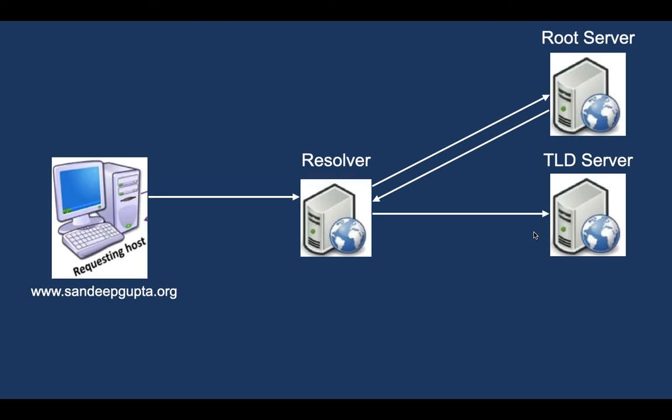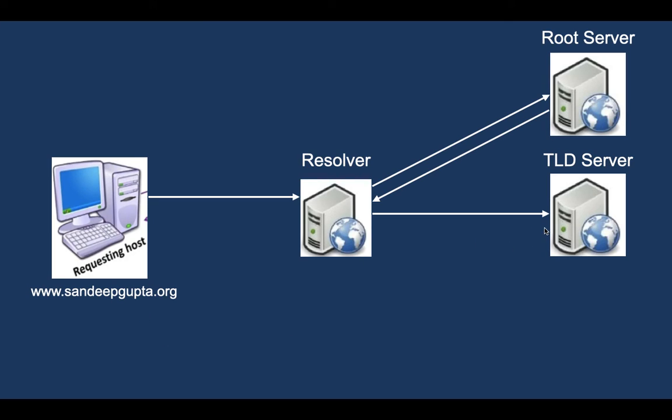No, it will never have the IP address of one single website. So the TLD server will tell the resolver that, look, I don't know the IP address of this particular website, but I know the IP address of a server who can give you the IP address of this website.